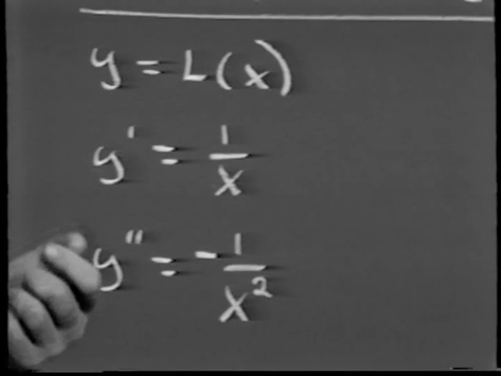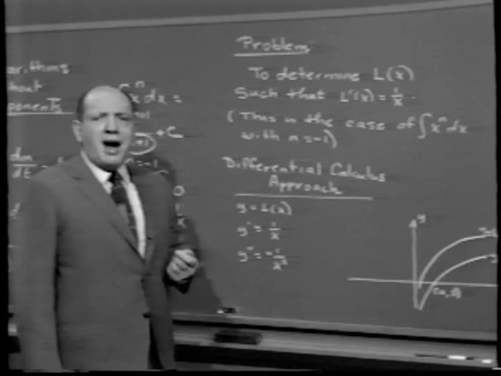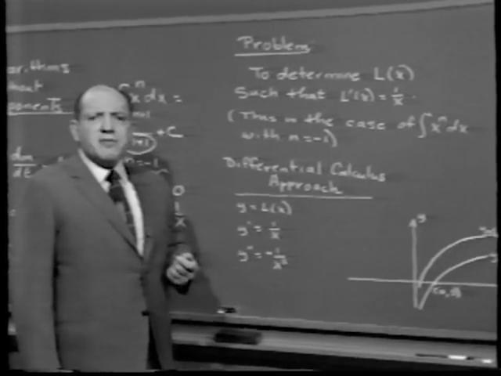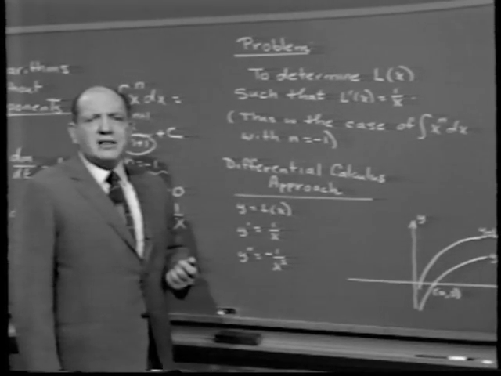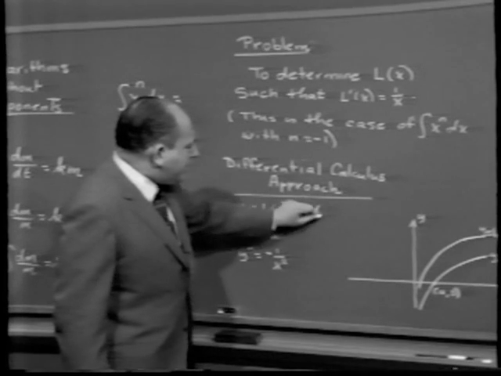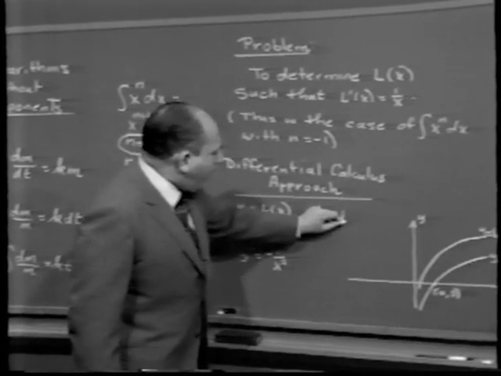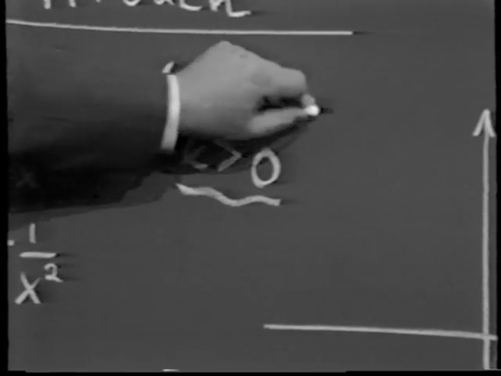If we think of most physical situations, notice that when you talk about the amount, the rate of change is proportional to the amount present. From a physical point of view, the amount present can't be negative. So let's put the restriction on here that the domain of L will be all positive numbers.